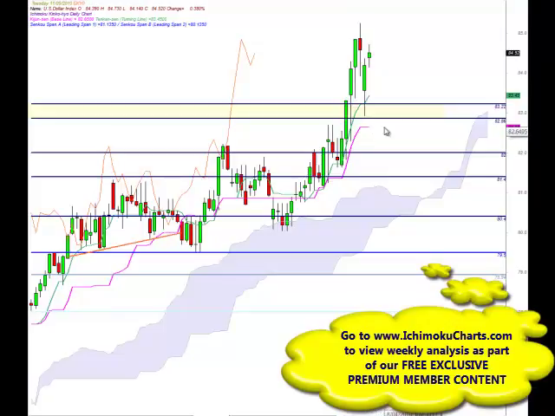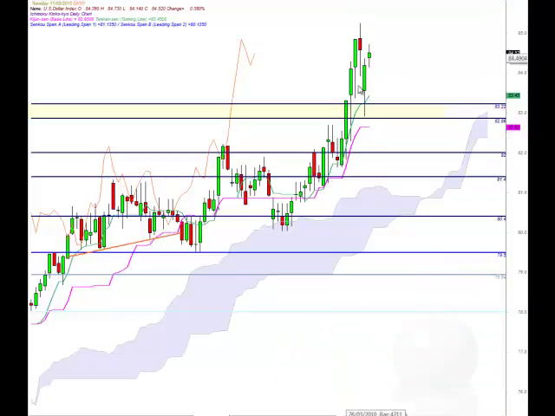Interestingly though, the Kijun-sen is turning flat, and that is a little worry for me with this market. With the Kijun-sen being flat, it means that in that higher time frame the market is not trending. It lacks momentum. We can see with these types of candles that the market may be building some sort of congestion area again, so there is a possibility for that.